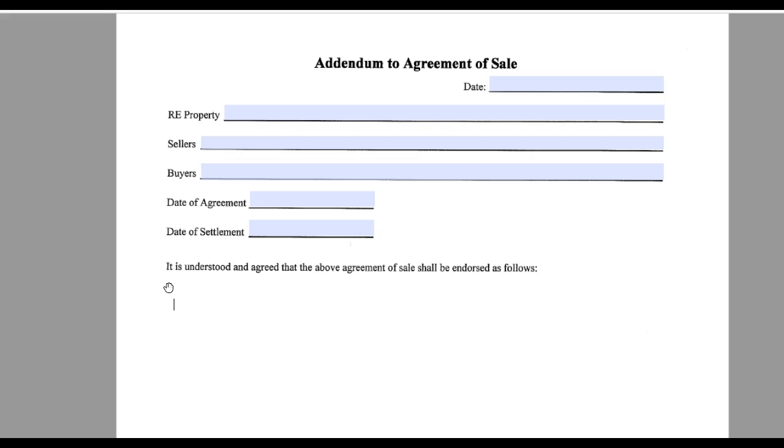So who is doing what, for whom, for how much, and by when, and why, if you have all those things. So if you have something like sellers providing $5,000, that's way too vague.